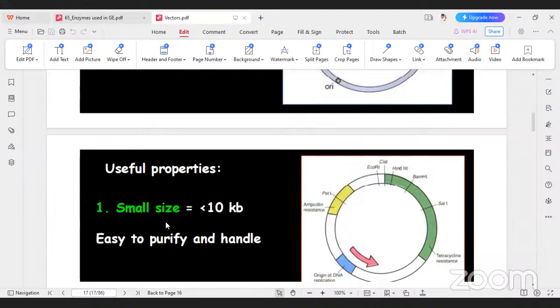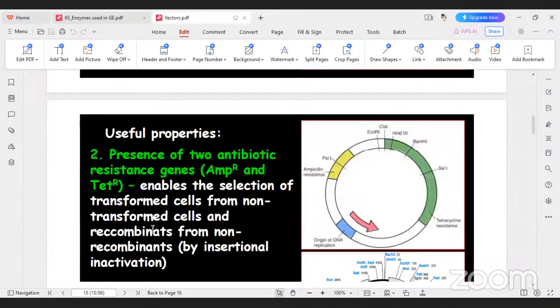Useful properties: small size. In pBR322 the size is small, below 10 kb. And the presence of two antibiotic resistance genes, ampicillin resistance and tetracycline resistance. If the antibiotic is present, it can kill other organisms. Here, green is the tetracycline resistance region and yellow is ampicillin, so two are present.